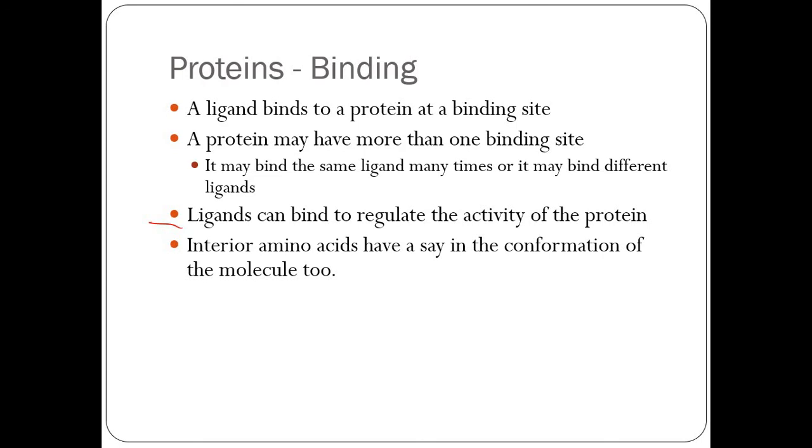The binding of the ligand could either activate the protein or slow down the function of a protein. So it regulates, depending on the need for its function. That ligand could either activate or partially deactivate a protein. We also have interior amino acids, which have a say in the conformation of the molecule too.